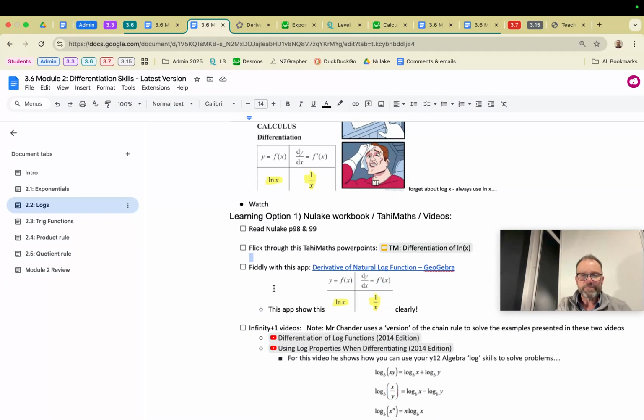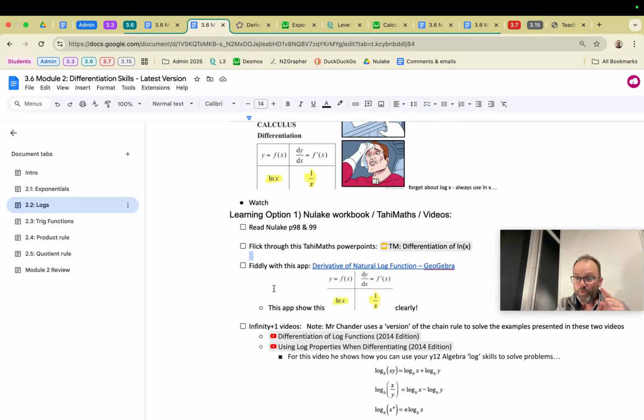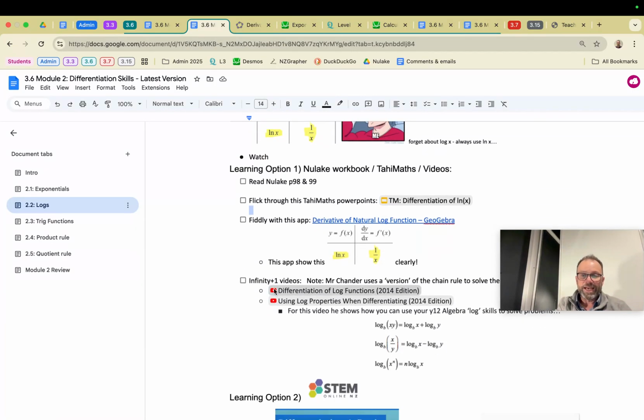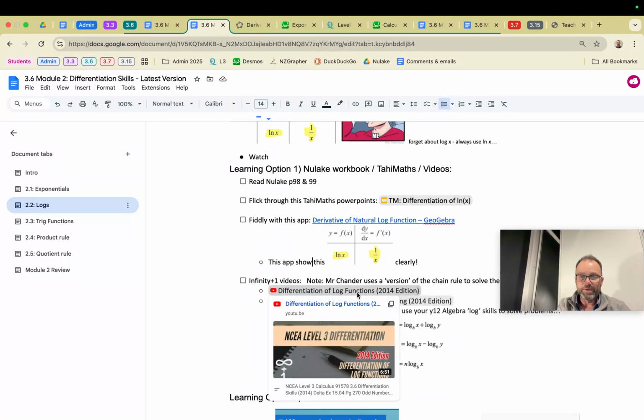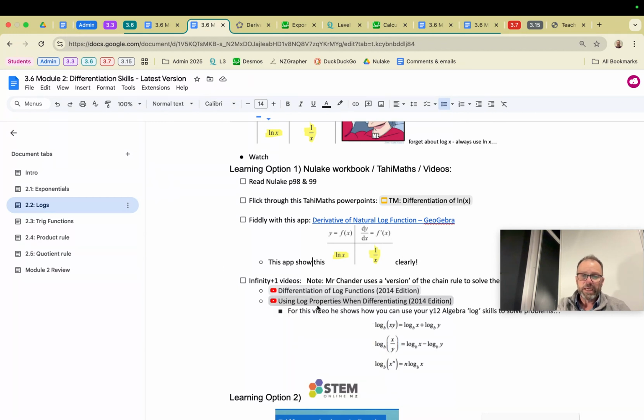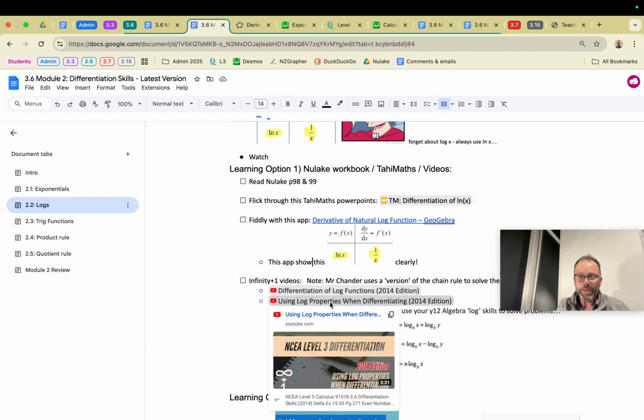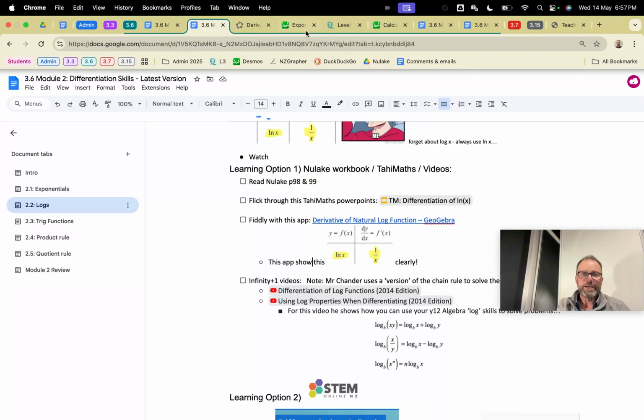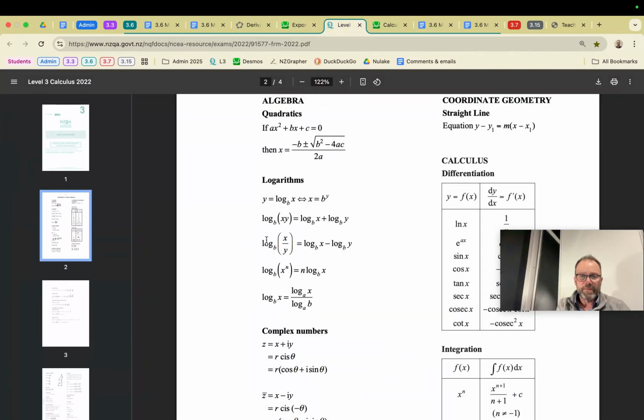So how to learn this? You're going to have to use the chain rule, and Tahi Maths here is very good. This video gives you a couple of examples. This is subtle log properties, in particular these skill sets, those three there.